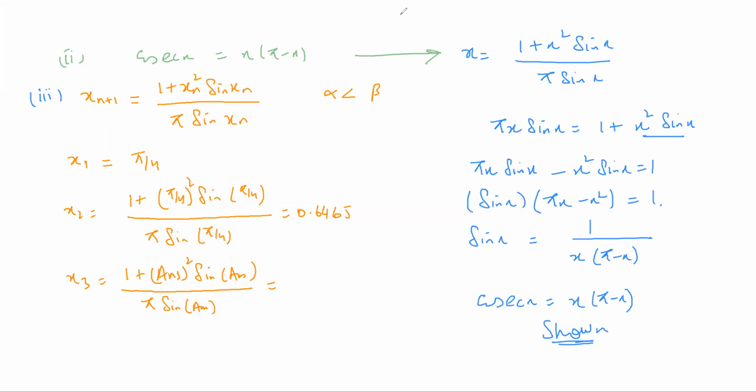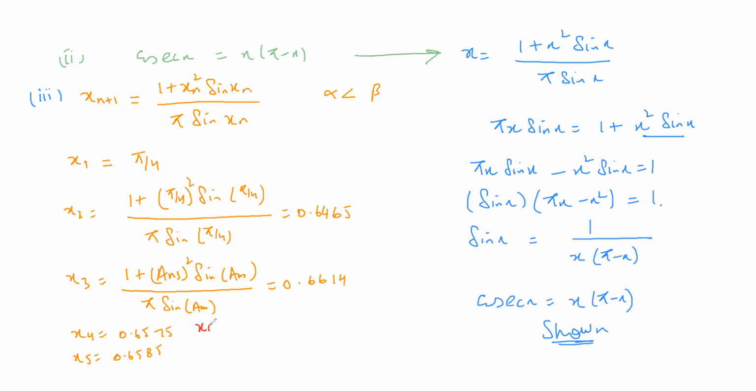Now this gives me x3 equal to 0.6614. Now I only need to keep pressing the equal button and noting them down. This is 0.6575, and I have x5, again pressing equal, 0.6585, 0.6585.